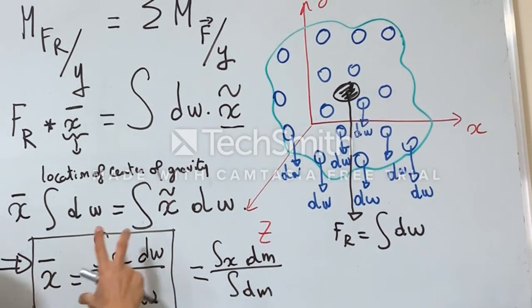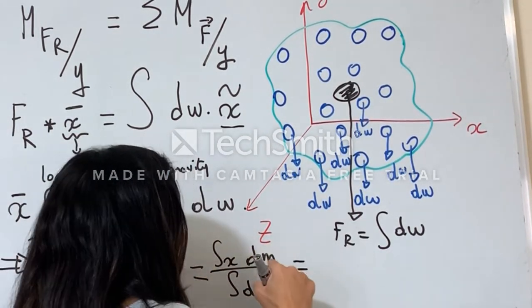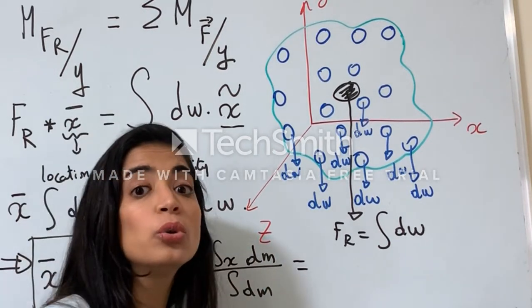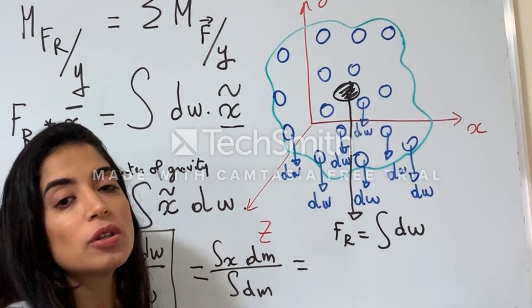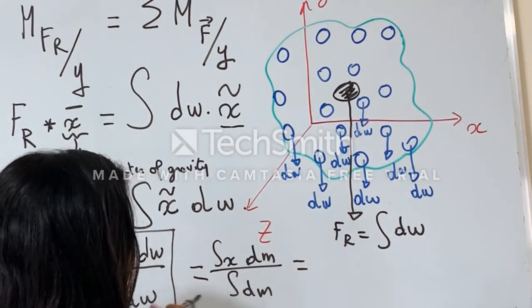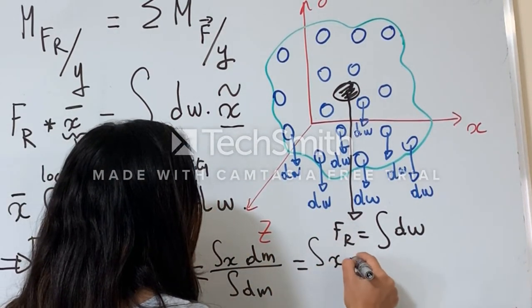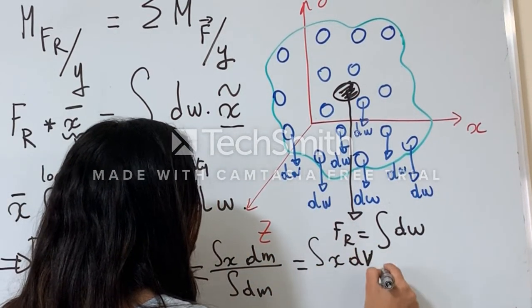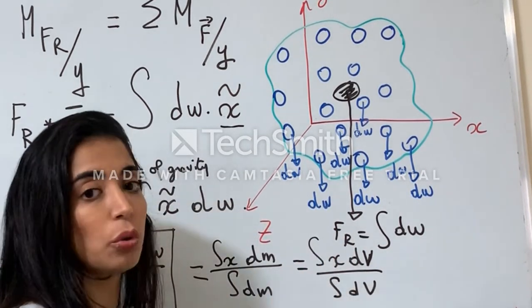And here, guys, since this is called the center of gravity, now this is called the center of mass, and they have the same location. And now, guys, if I replace m by rho dv, and since this is a rigid body, then rho, the density, is also constant, so I can do the simplification, then this equation will also be equal to the integration of x dv over the integration of dv. I can do the simplification with rho.